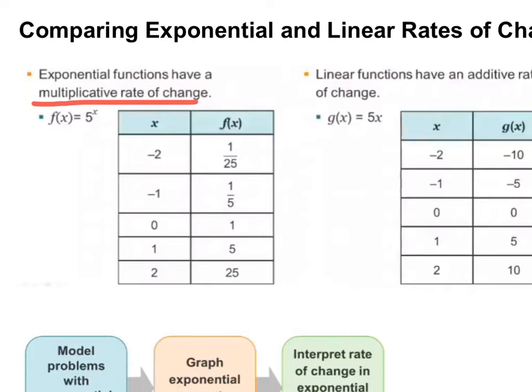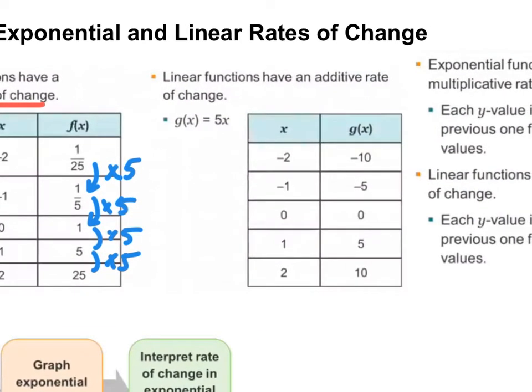From this step to this step, you multiply by 5, you multiply by 5, here you multiply by 5, all right? And the difference between that and a linear rate of change is that you add 5. You have an additive rate of change, which means that you're going to add 5 to each of these.